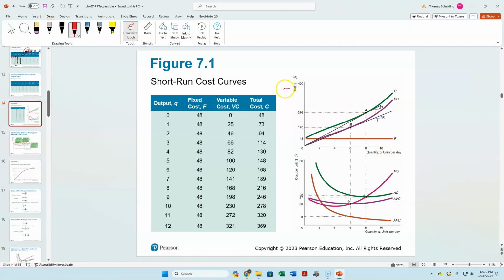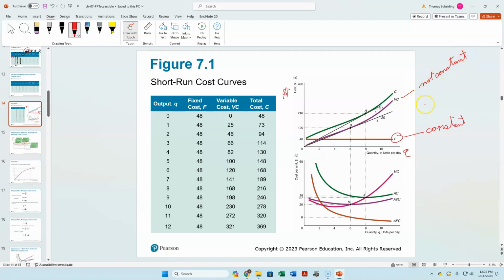If we put dollars on the y-axis and quantity on the x-axis, you'll notice that the fixed costs are constant, as we would expect. Regardless of the level of quantity, fixed costs are the same. Now our variable cost has a shape that is not constant.